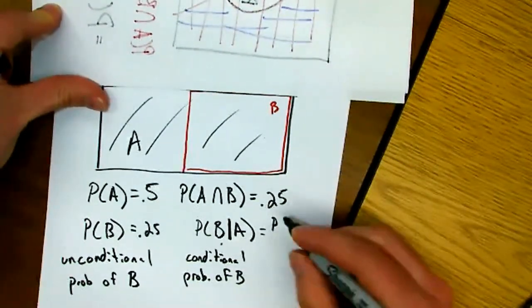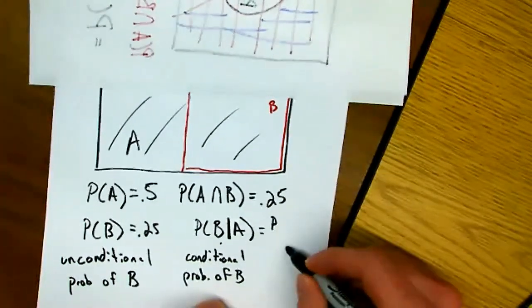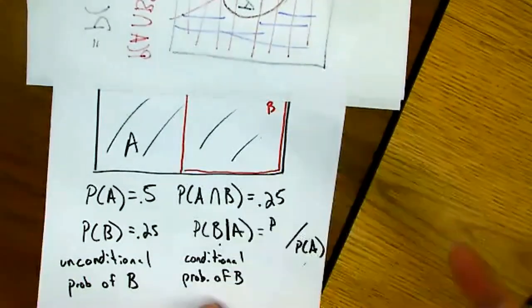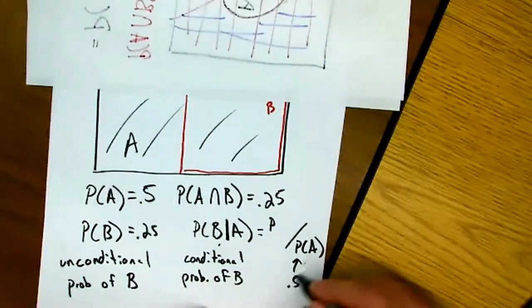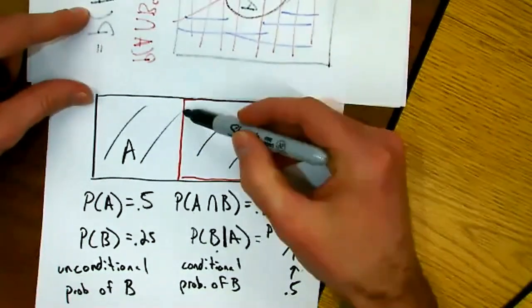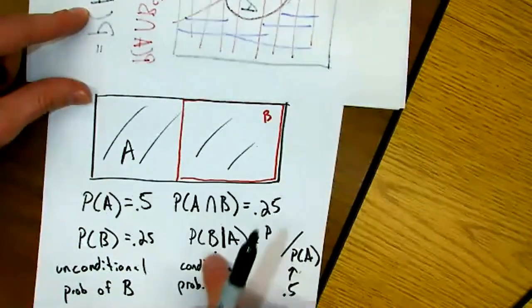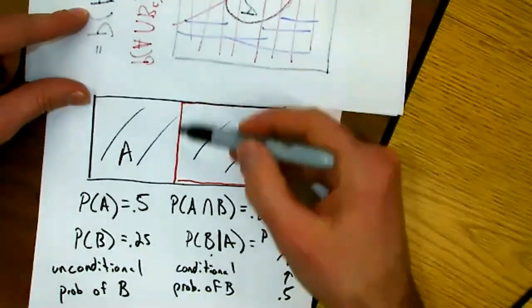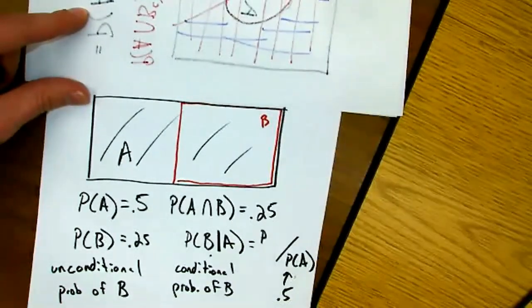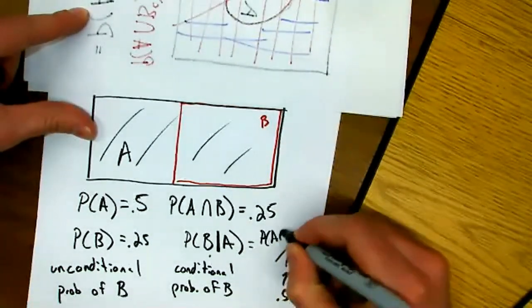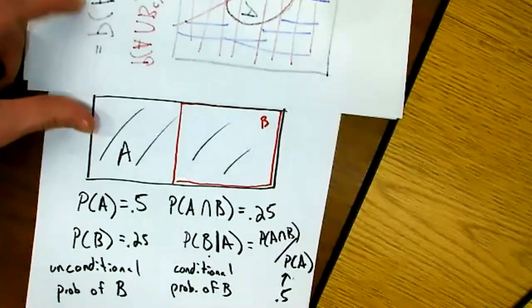So the entire experimental outcome space left is no longer out of 1, it's only out of whatever the probability of A is. And now that we know we're somewhere in A, what's the probability that we are in B? Well, out of this entire space of 0.5, 0.25 of it would be that I end up in event B, which is really wherever A and B intersect.